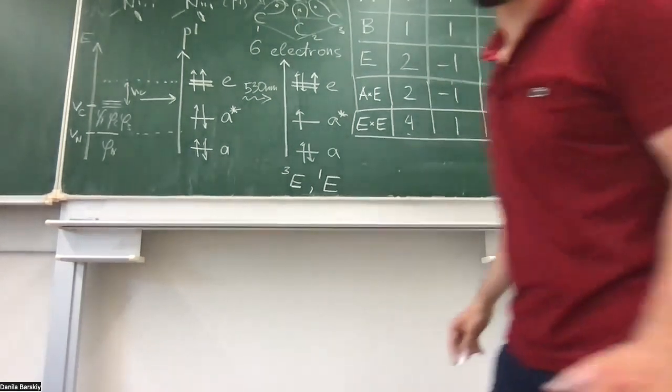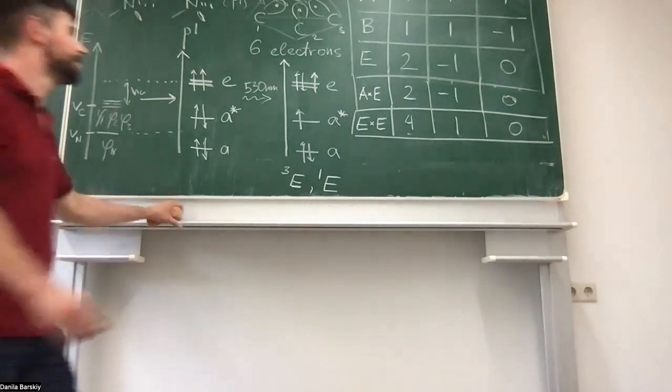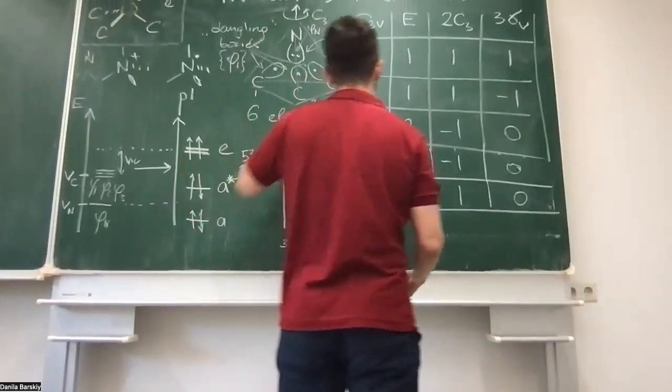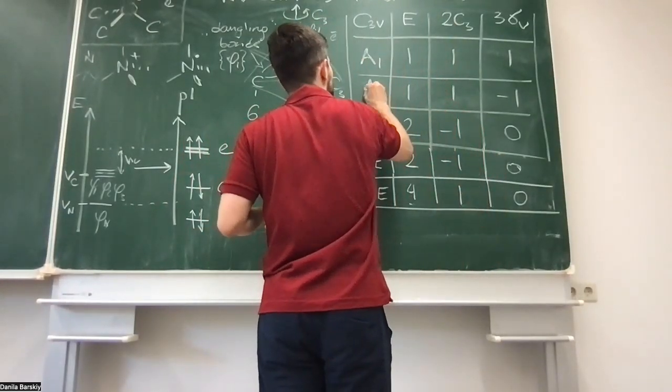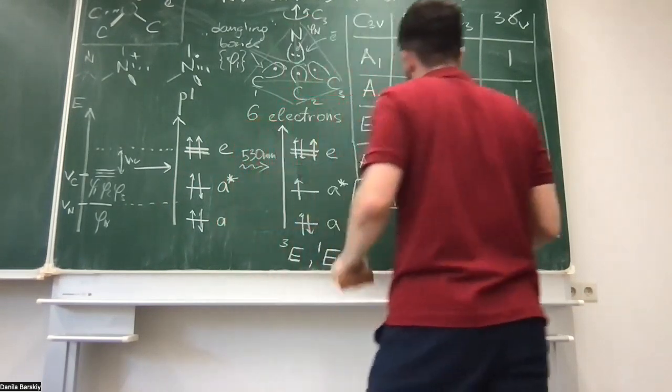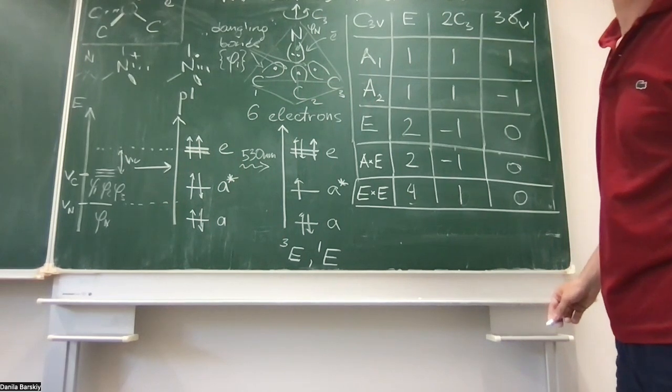Actually, is it even called B? I just put it out of my head. It's called A1, A2 actually. Guys, we're doing this group theory for the whole hour and it's actually wrong terminology. Let's use correct terminology. They usually call it A1, A2. It's just a letter.